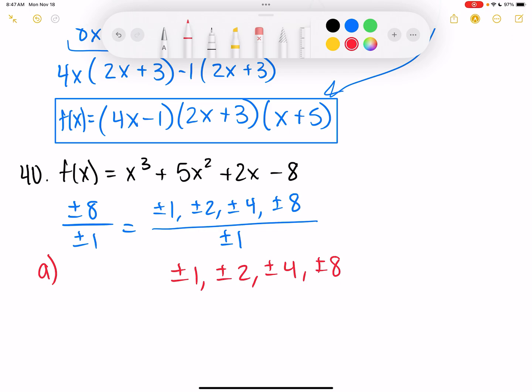Now, we're looking for where it crosses the graph here. So where does it look like there are zeros? Where it crosses the x-axis. Sorry, I should be more specific. What numbers does it look like that's happening at? You can look at your graph too, it should be the same.